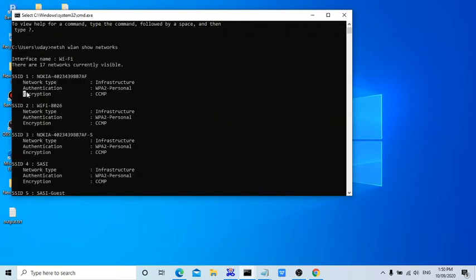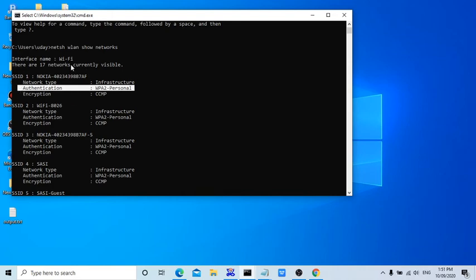Another very important thing is the type of encryption supported. The second important thing is authentication, because when you're doing wireless security testing, these are the two important things to know: what type of encryption is supported by that particular wireless access point, and what authentication it uses, whether it's WEP, WPA2, WPA, WPA personal, or the WPA enterprise versions.